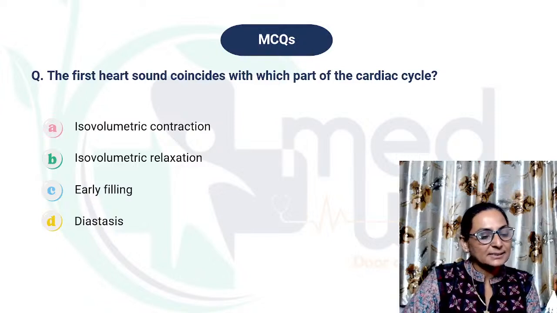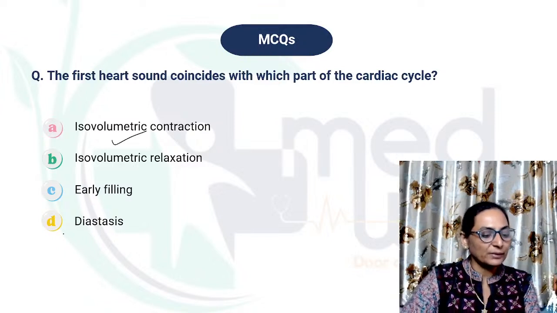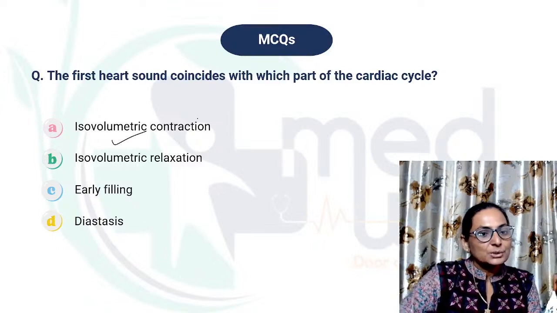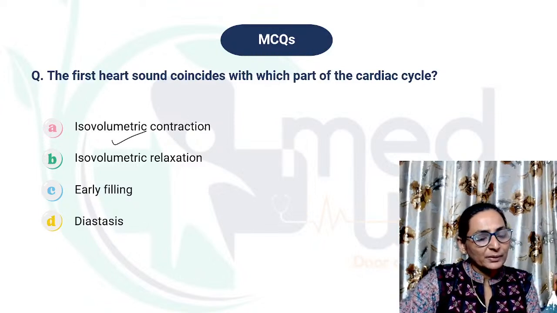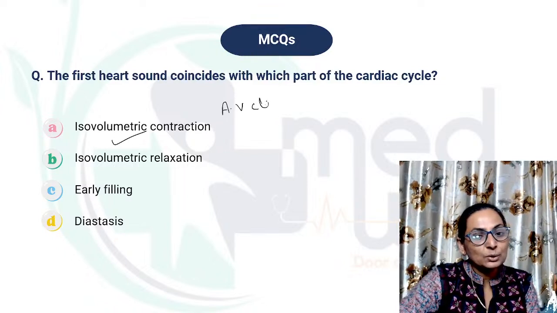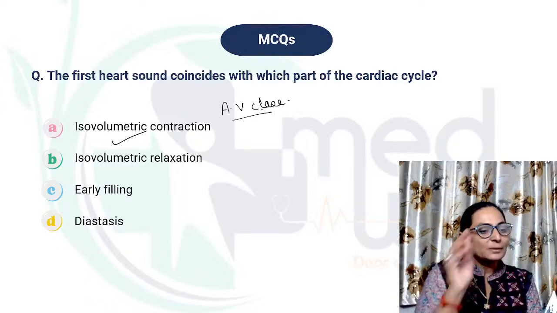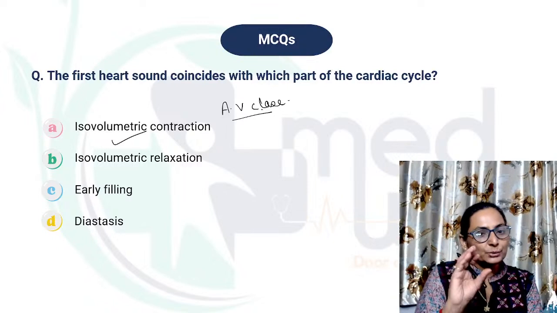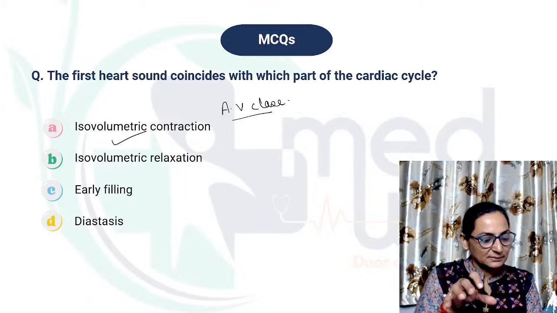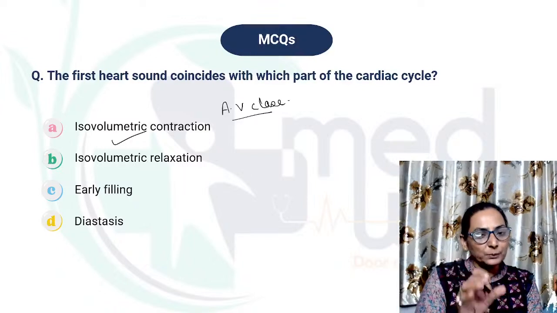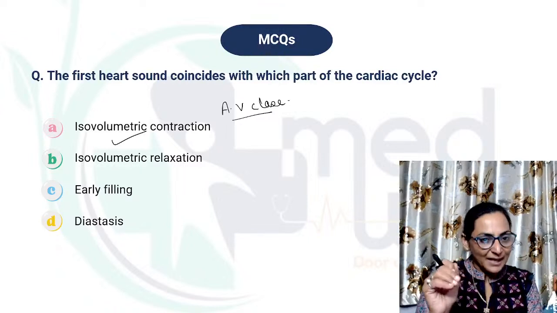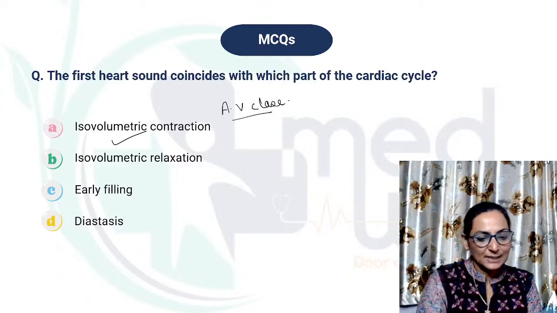The first heart sound coincides with which part of the cardiac cycle? It is isovolumetric contraction. So what is isovolumetric contraction? It begins as soon as the AV valves close and the ventricles are converted into closed chambers. The ventricles are converted into closed chambers because of the closure of the AV valve, producing the first heart sound.